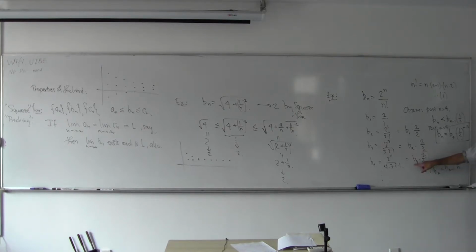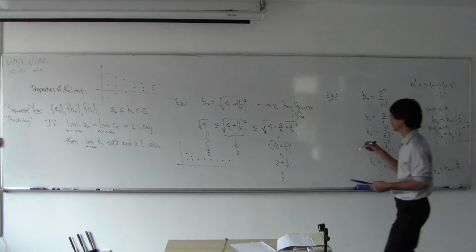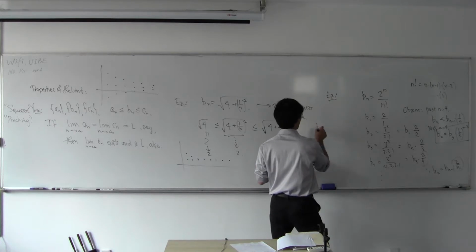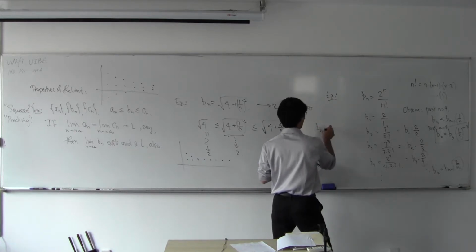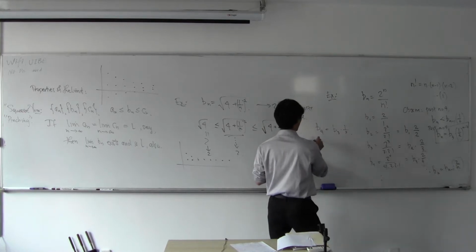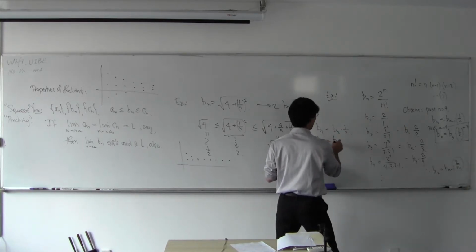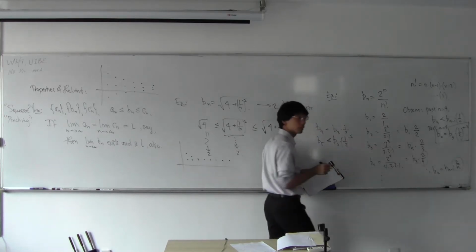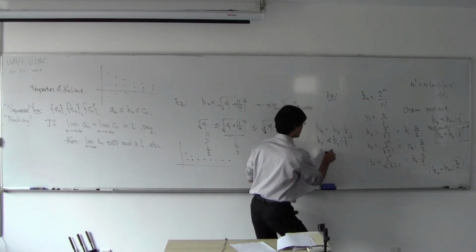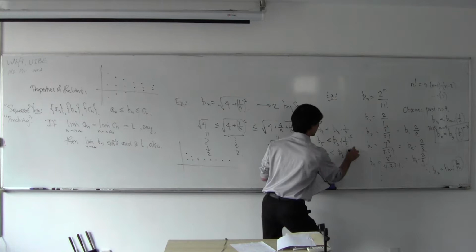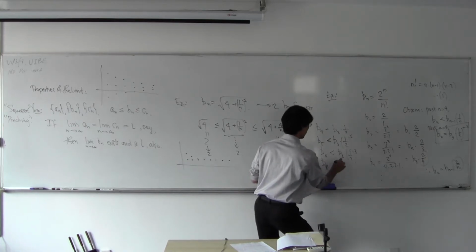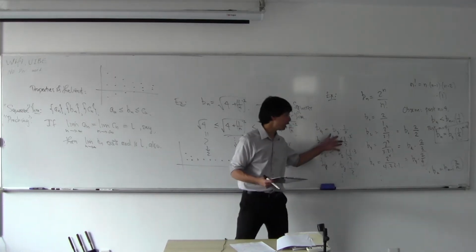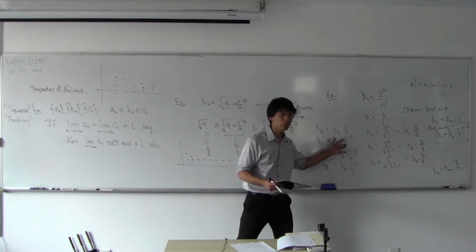At b4, you get b3 times a half. So let me write it over here. B4 is b3 times a half, right? B5 is smaller than b3 times a half squared. B6 is smaller than b3 times a half cubed. B7 is smaller than b3 times a half to the fourth, etc., etc. Right? Because every time you multiply by some number that's smaller than a half.